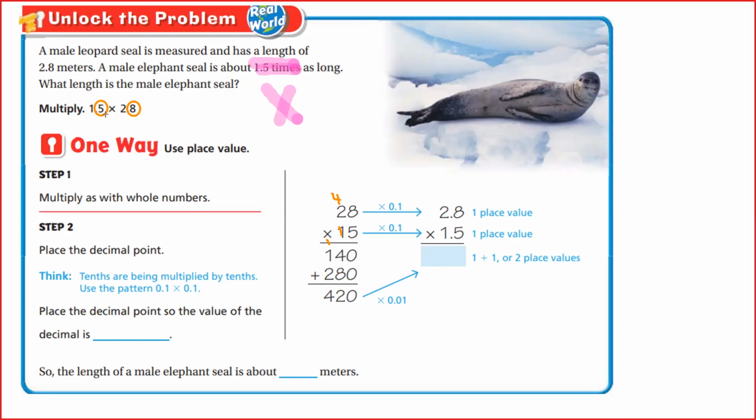Girls, we will add 1 digit and 1 digit, 2 digits. So I will start from here, 1, 2, then I will put the decimal point. So the answer is 4.20.